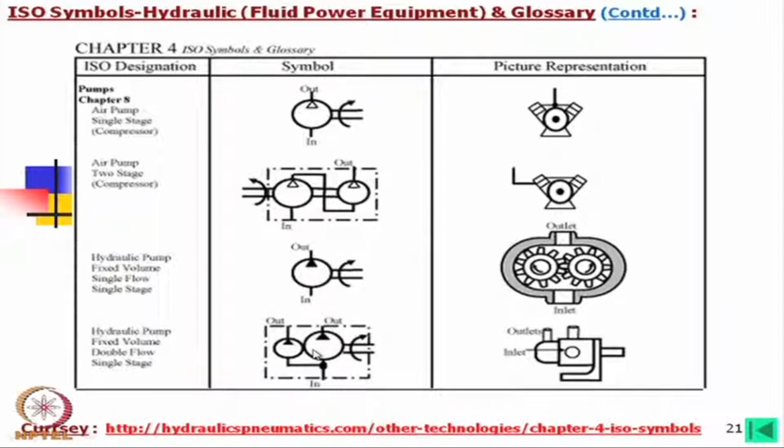In that case, this hydraulic pump has an auxiliary pump fitted with it. Okay. So, this is a hydraulic pump, fixed volume, double flow, single stage. That means only a single shaft is being rotated, both the pumps will run together, and in this case this is a fixed displacement.